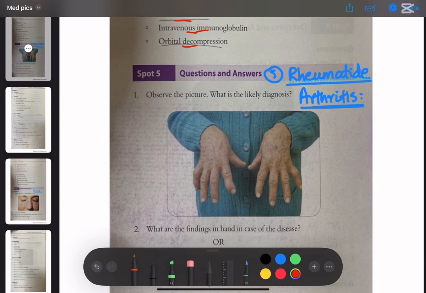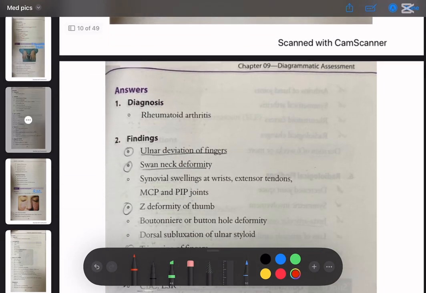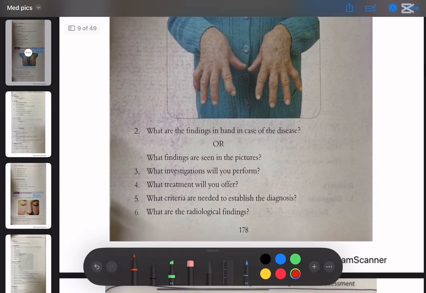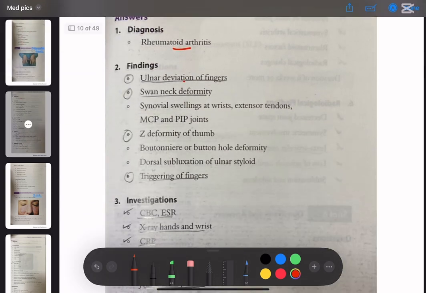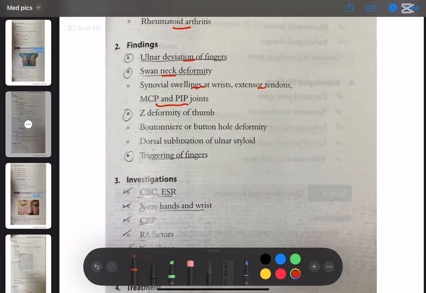The picture is given and what is the likely diagnosis, what are the findings in the hand. So the diagnosis is rheumatoid arthritis. You can see in the hands, and the findings are ulnar deviation of the fingers, swan neck deformity, synovial swelling at the wrists, extensor tendons, and MCP and PIP joints, Z deformity of the thumb, and buttonhole deformity, dorsal subluxation of the ulnar styloid, and triggering of the fingers.